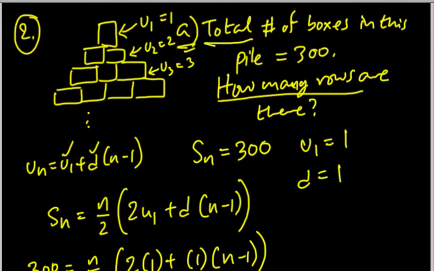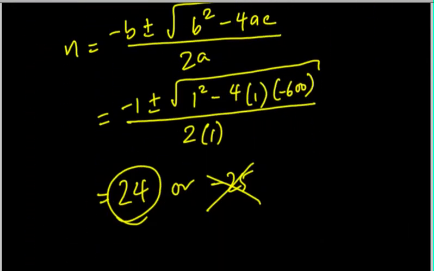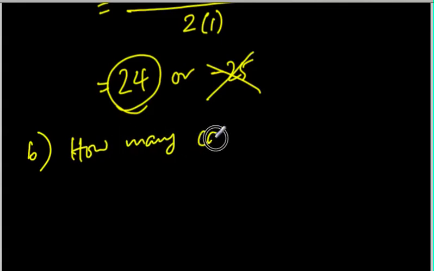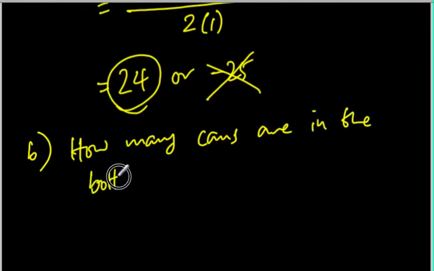I have a second part question, which is part B. How many cans are in the bottom row? Since we know there are 24 rows, n is equal to 24.